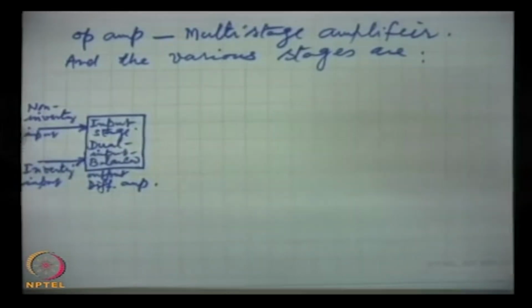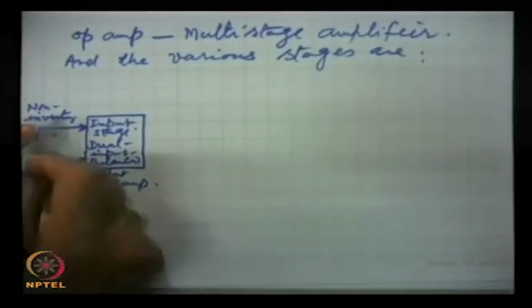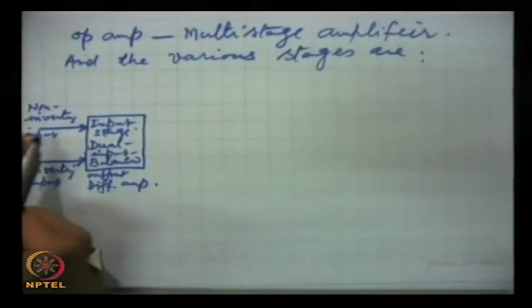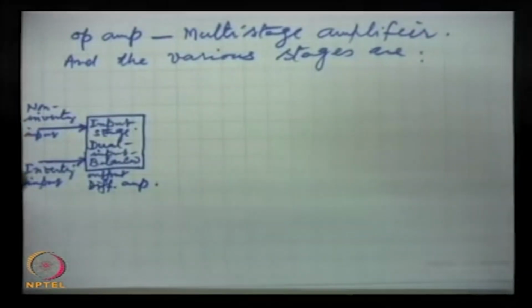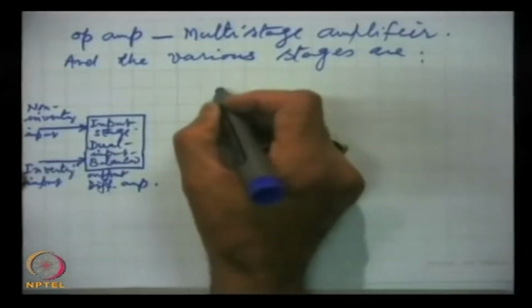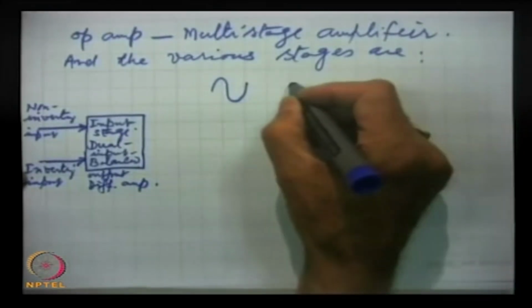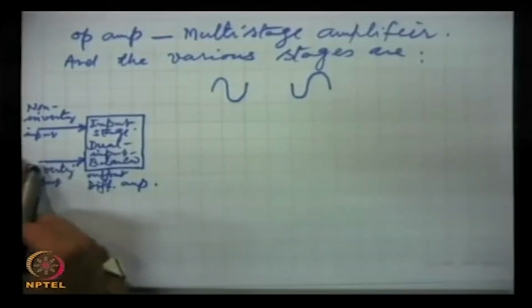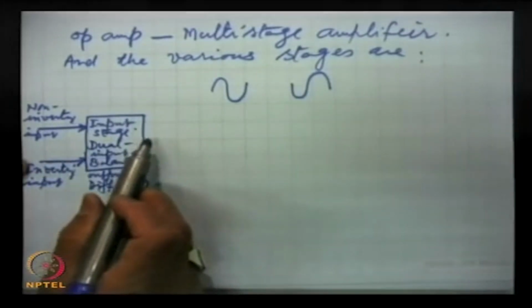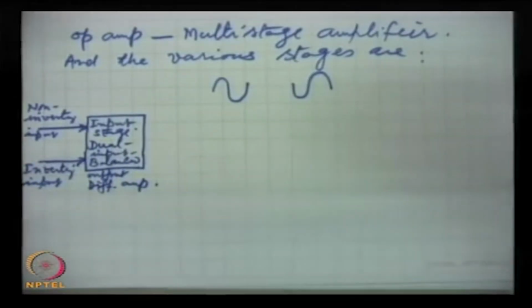If it is a DC signal, if we give positive here because it is non-inverting input, at the output it will be positive. If we give a negative voltage, at the output it will be an amplified negative voltage. While at the inverting input, if we give an AC signal, then at the output it will be inverse in phase. If we give a positive signal, it will appear as negative, and if we give a negative signal, it will appear as positive, that is, it will change its phase.